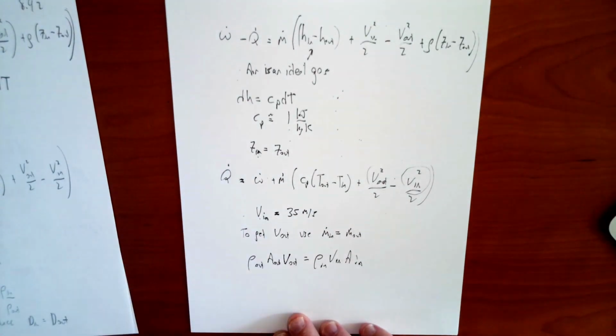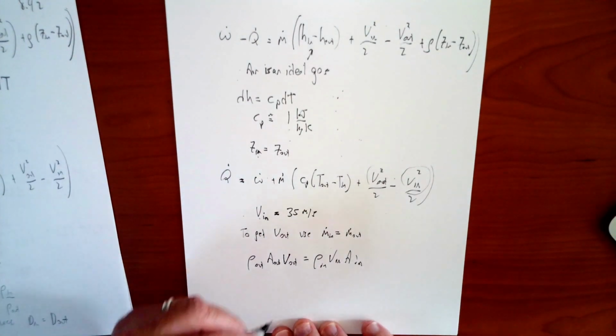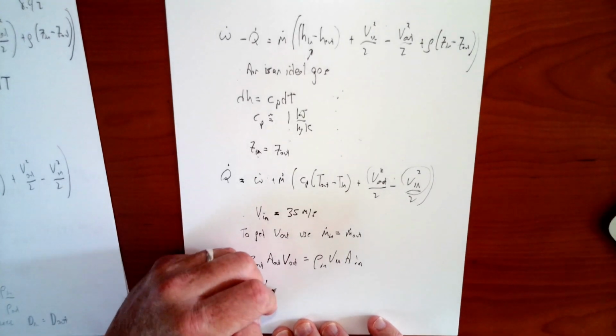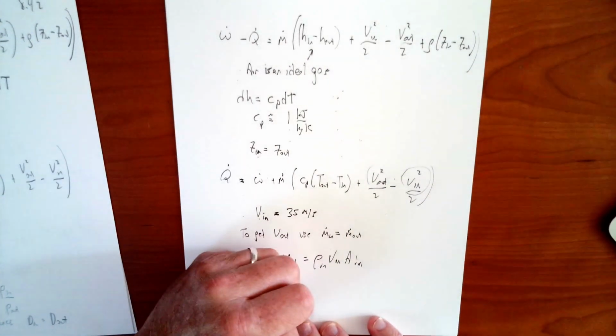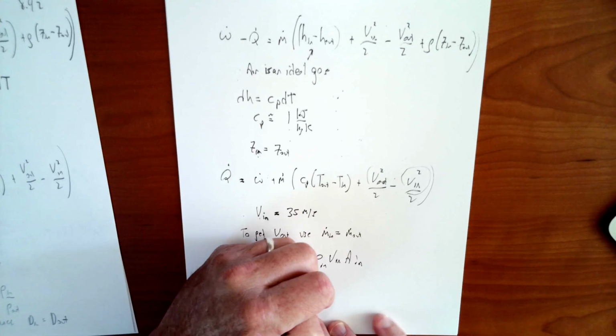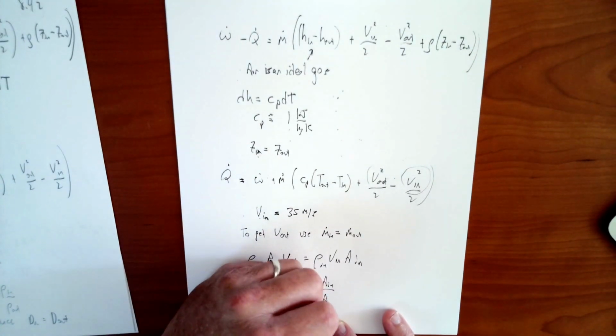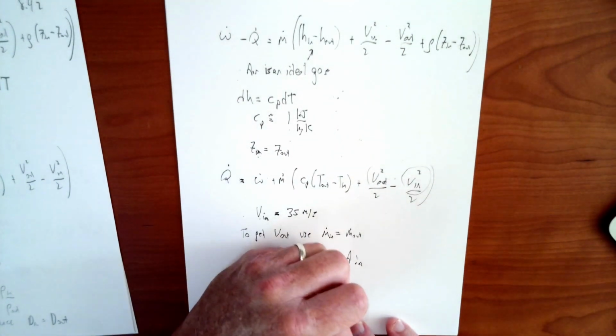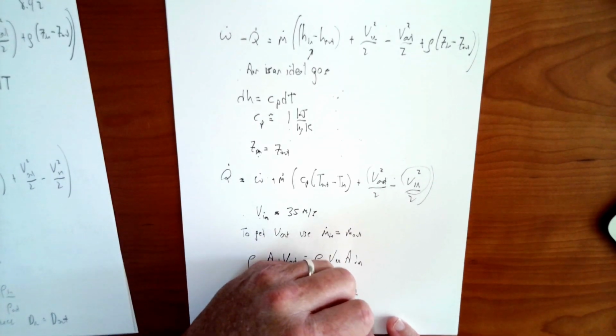So we're going to solve that for V out. V out, therefore, is equal to V in times A in over A out times rho in over rho out.